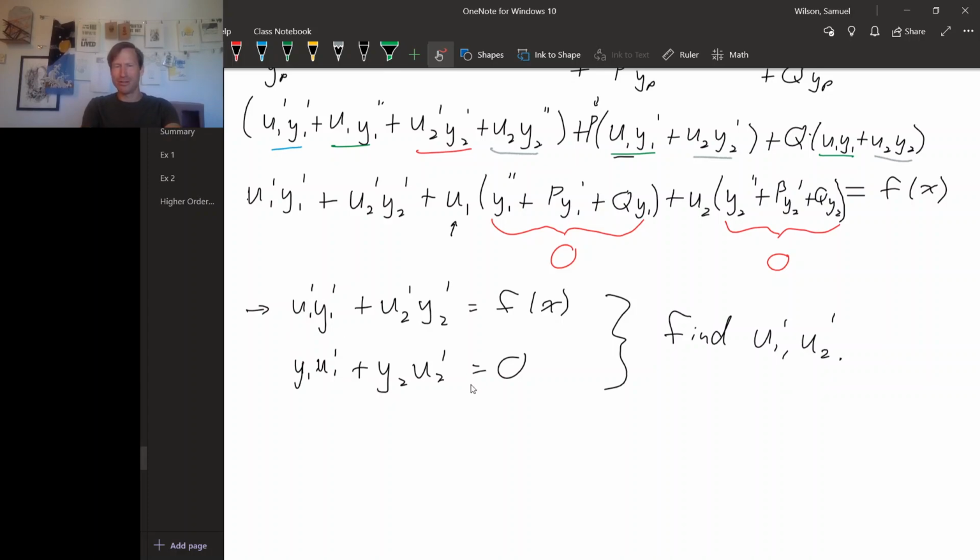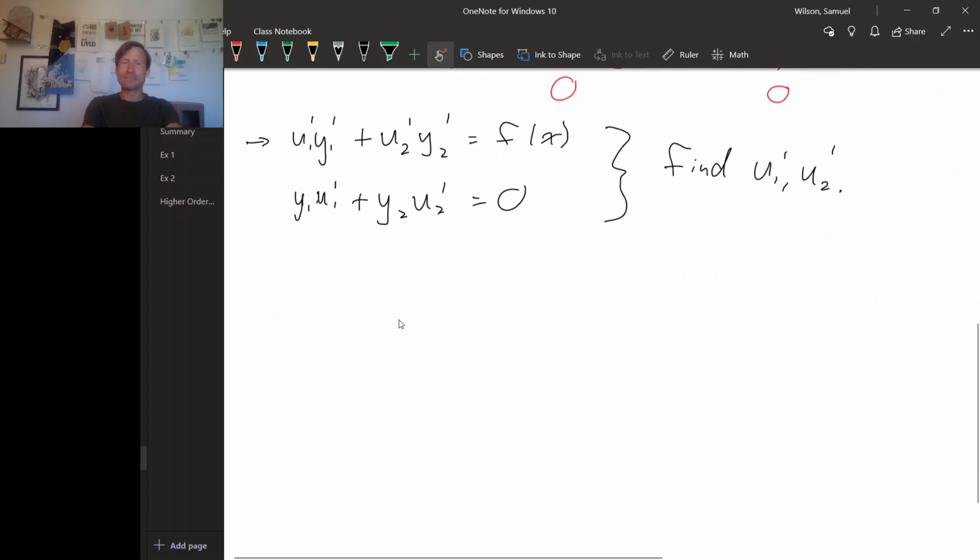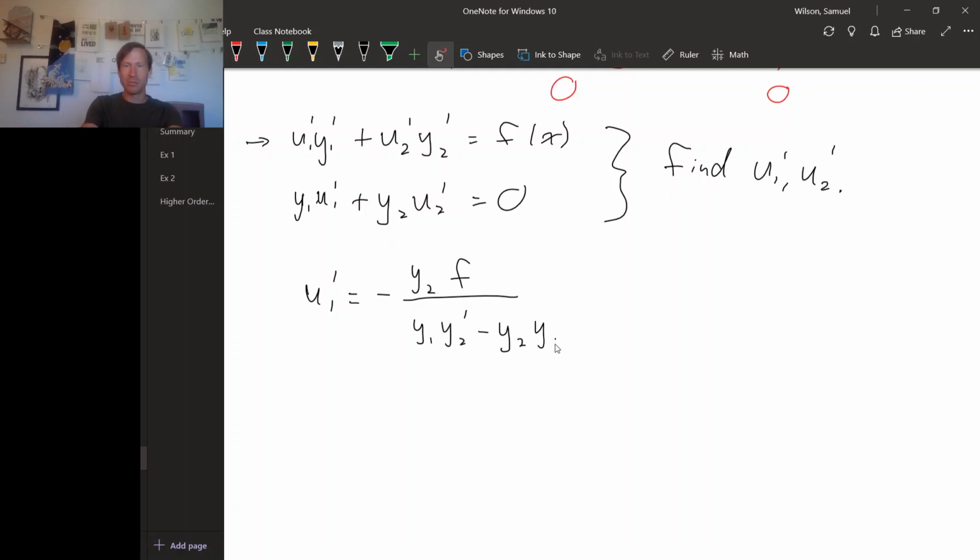So this is just a little exercise in algebra. You can use elimination or you can use substitution, however you want to do it. I'll let you work through the algebra. I'll just write down the result. So what you get from solving this algebraically for u sub 1 prime and u sub 2 prime is u sub 1 prime turns out to be minus y2 times f over y sub 1 times y sub 2 prime minus y sub 2 y sub 1 prime.